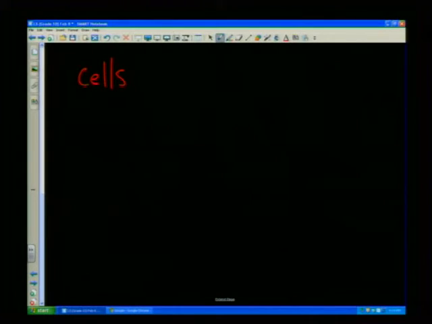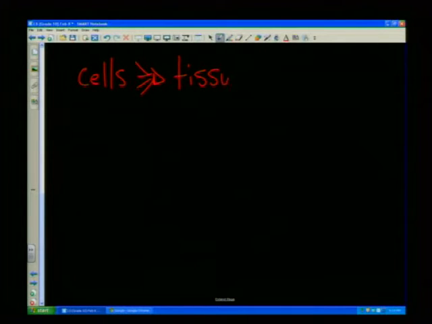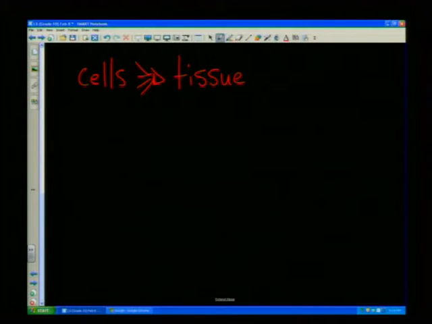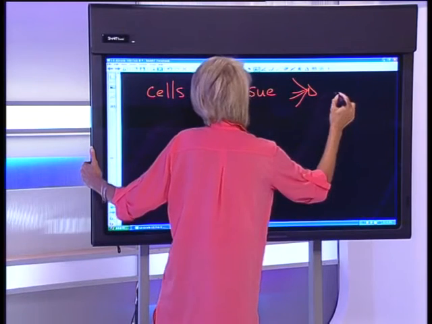Okay? And a whole bunch of little cells group together to form tissue. So it would form one layer of tissue. And a whole lot of tissues group together to form an organ. I must be careful of not having my hand anywhere near here.